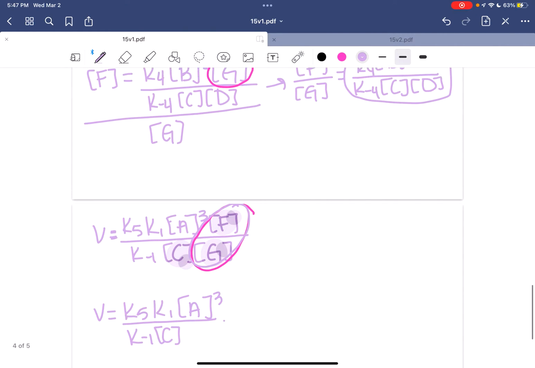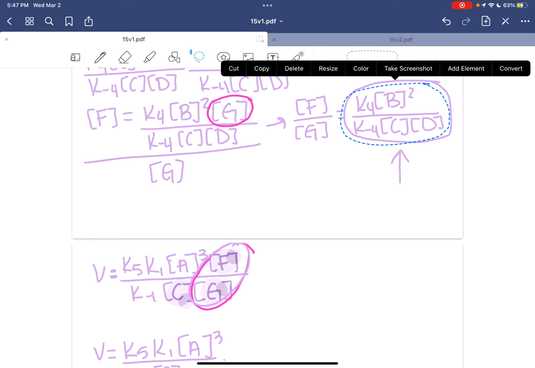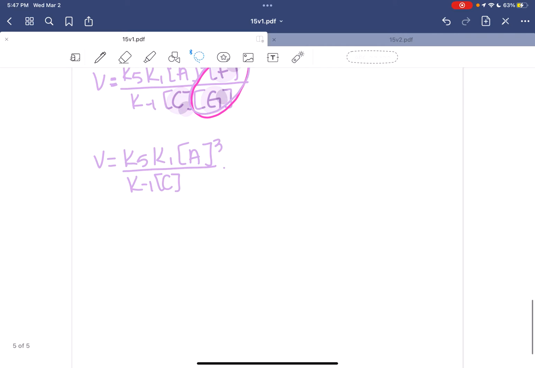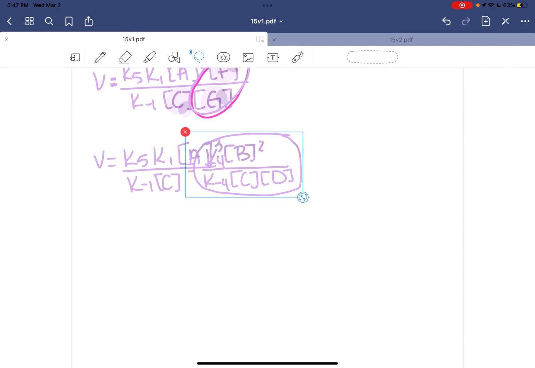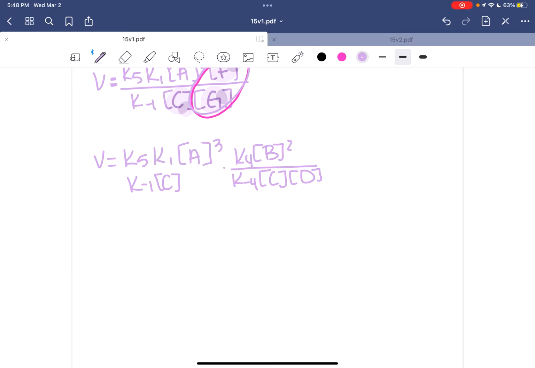And now we're replacing F over G. So we're going to multiply this whole equation by what F over G is equal to. And I'm just going to copy and paste that as well. And then get rid of those equal signs. And of course, it messes up a bunch of things.